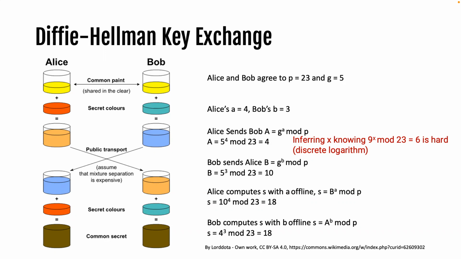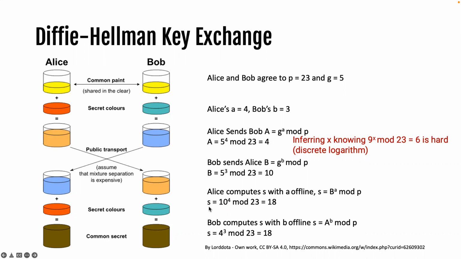So suppose Alice receives B. Then Alice can, offline, compute B to the A mod P, because she herself knows A, so she can calculate B to the A, and then she can get this secret value.